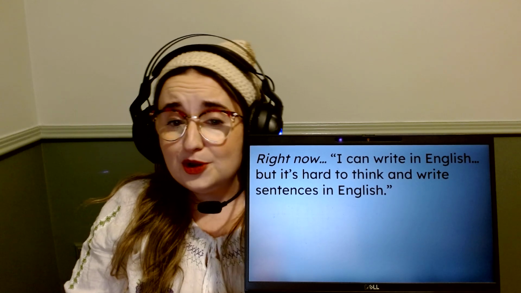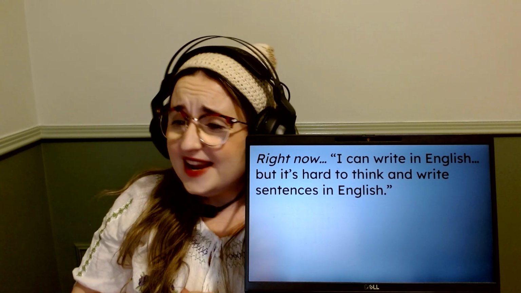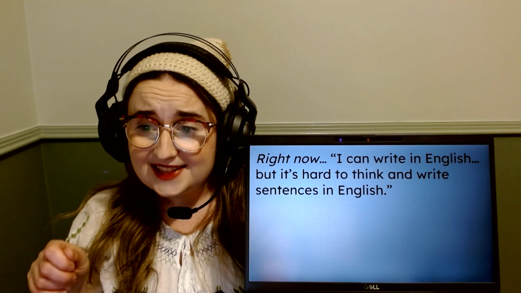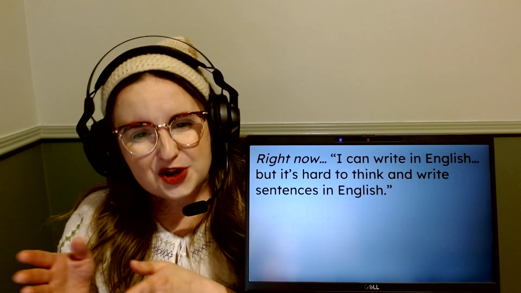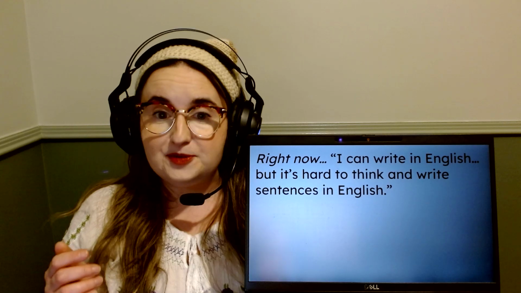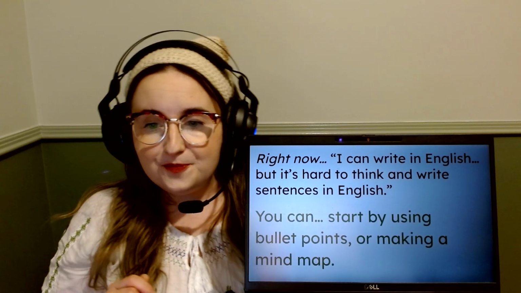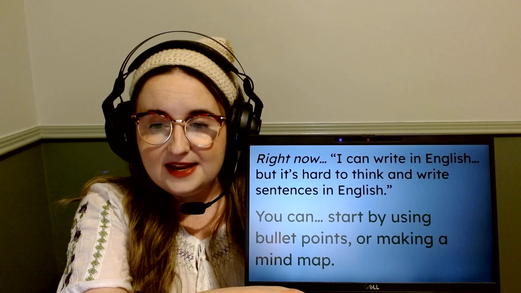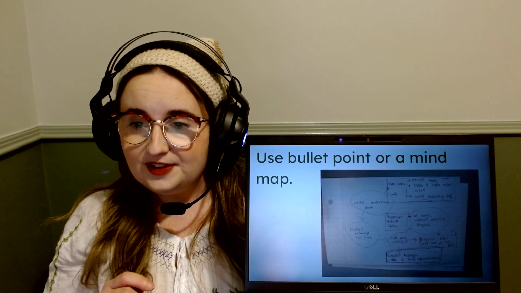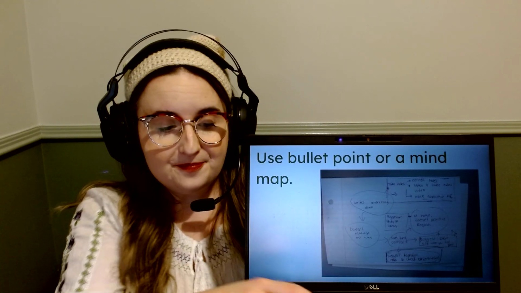So, for example, maybe you say, teacher, right now I can write in English, but it's hard for me to think and write sentences in English at the same time. So maybe you can start by using bullet points or making a mind map. So here's an example of a mind map.